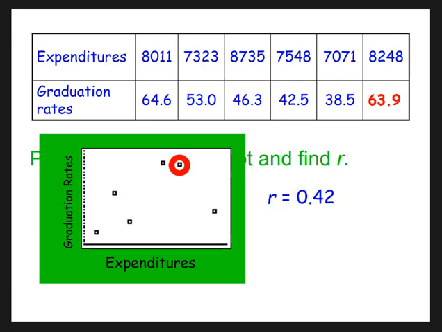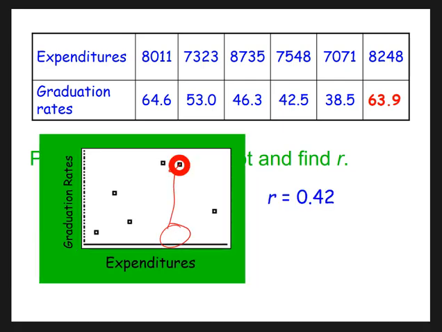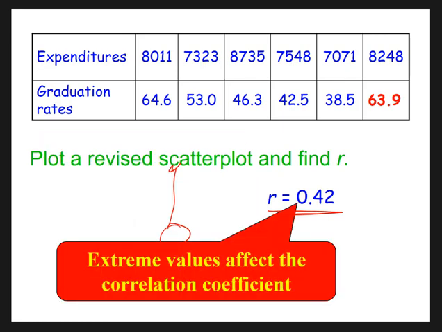Notice that point moving up, from down here moving up, has drastically changed it. It went from a 0.05 correlation to now a 0.42. That's now a moderate relationship. Well, not quite moderate, but just in the upper end of the weak relationships. The extreme values drastically affect the correlation coefficient.